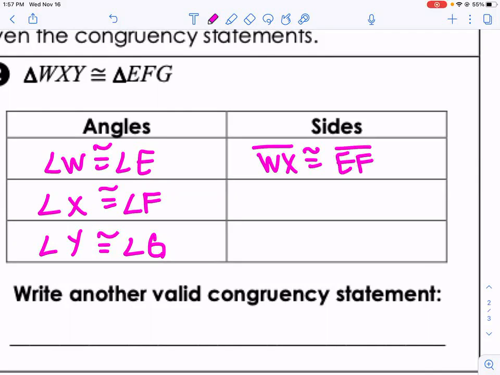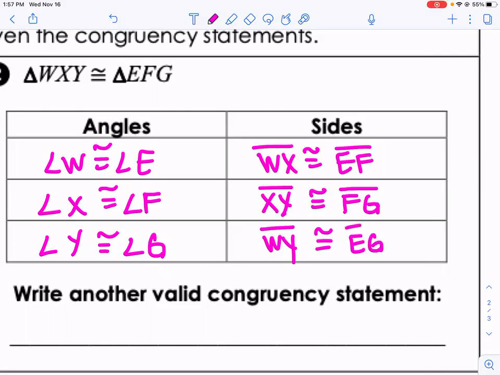Cohen, give me another one. XY is congruent to XZ. And then our last one would be Tyler. Line segment is congruent to line segment. Cool. Great job.